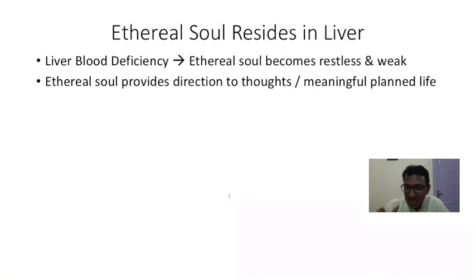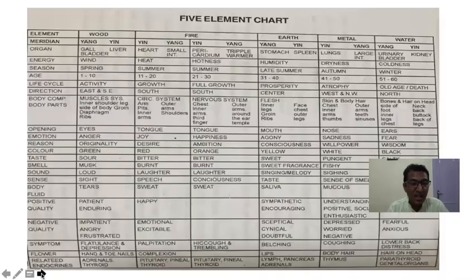So when we see patients who are very restless, whose planning is not right, who unnecessarily think with directionless thinking, we treat the liver. Only thought is related to the spleen, but the direction to the thought is related to the liver. So we will treat the liver in those kinds of scenarios.